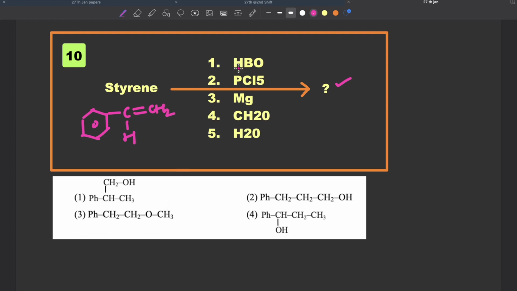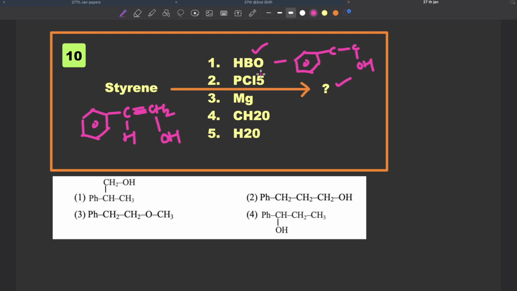So first of all, hydroboration oxidation takes place. According to hydroboration oxidation, anti-Markovnikov product is expected. So the OH will be added here, the double bond disappears. So with this we will get this product, where OH attaches to the terminal carbon.